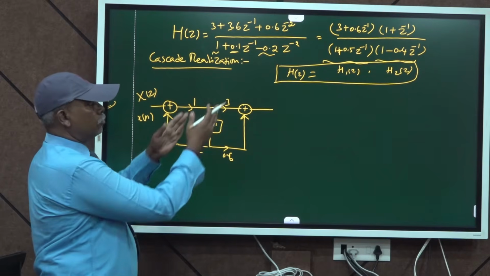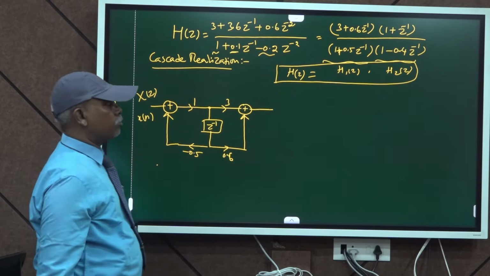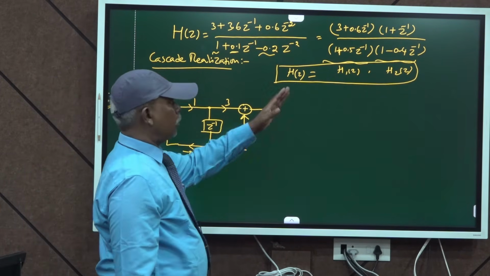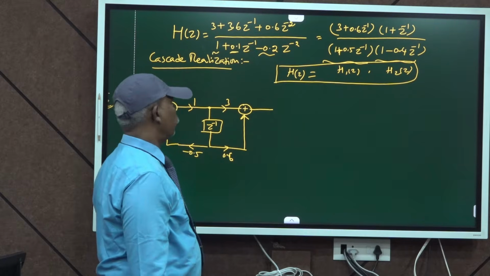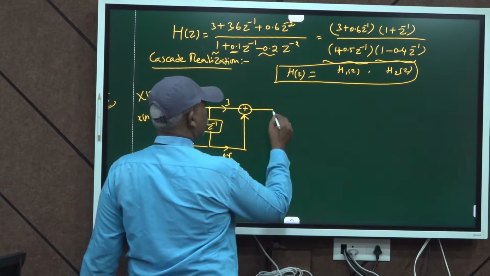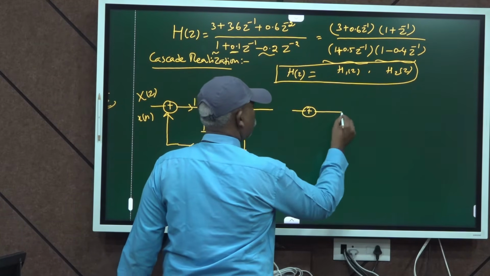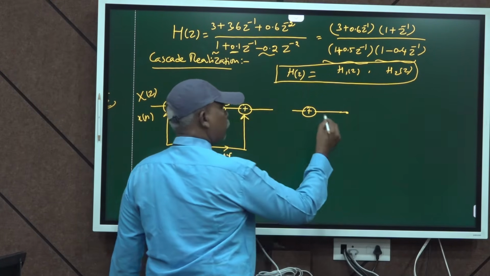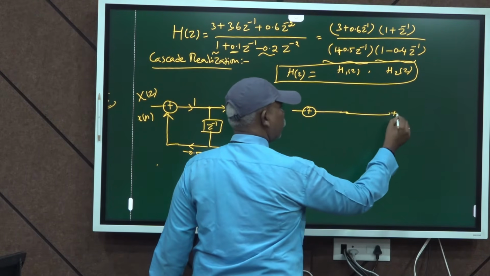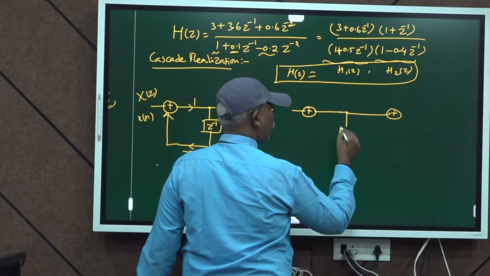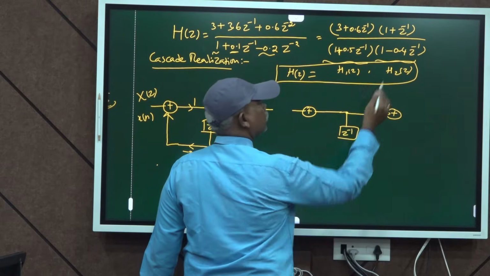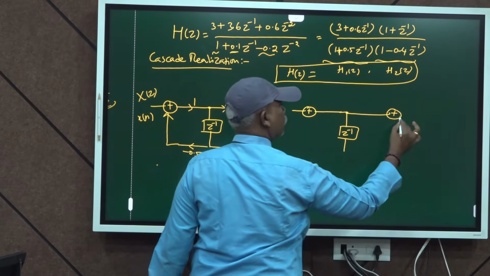Now you follow the same for the next transfer function H2 of z. It can also be implemented in direct form 2. On the input side a plus, on the output side a plus, and in the center one delay element, because here also only one delay element is there.